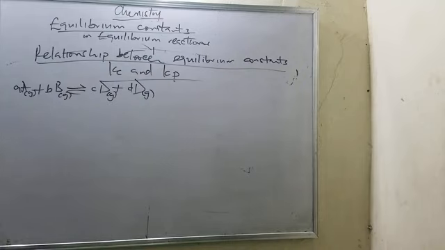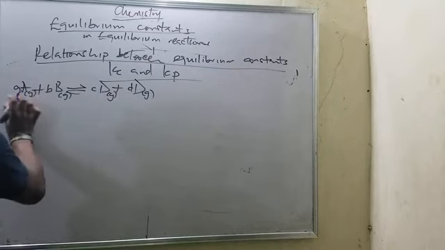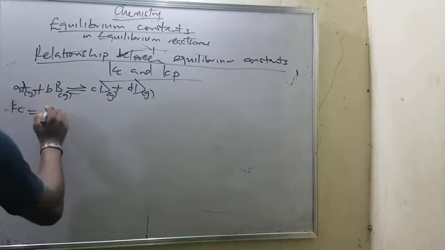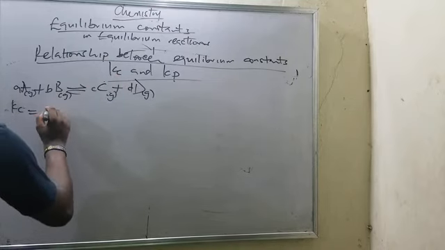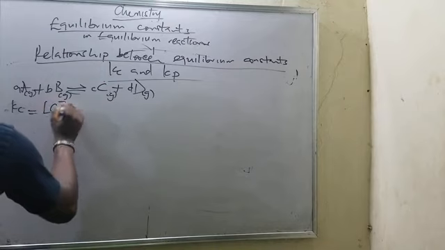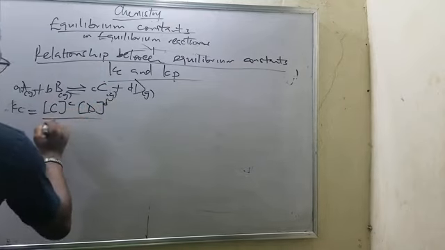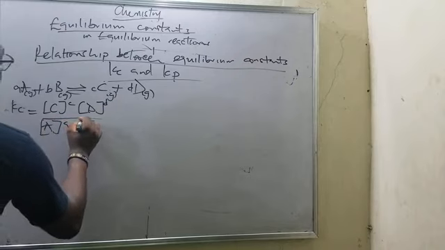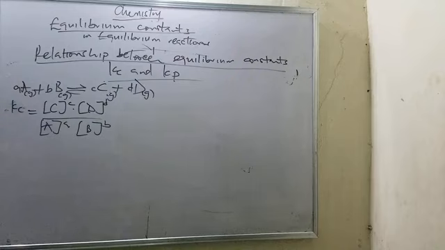So since we have this, then we know that our Kc for this equation is equal to, oh sorry, this is a mistake, sorry. So we have C, D over A and B. Please note that we have a multiplication symbol between each of them rather.